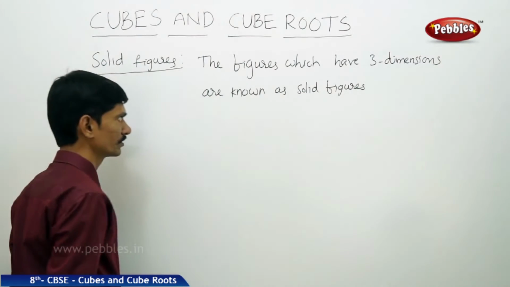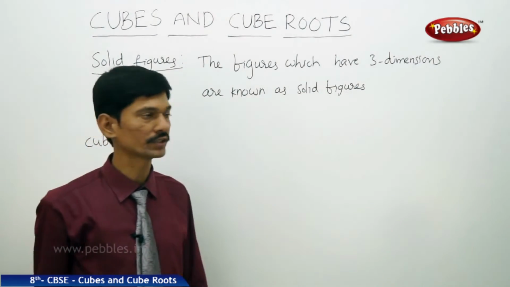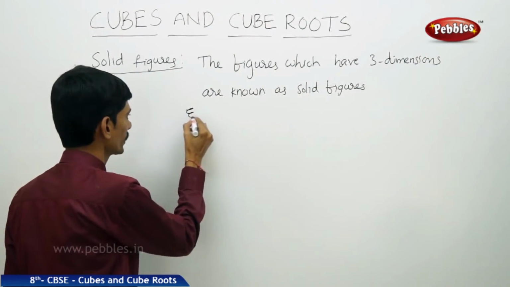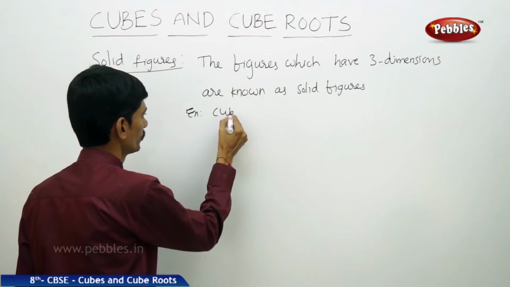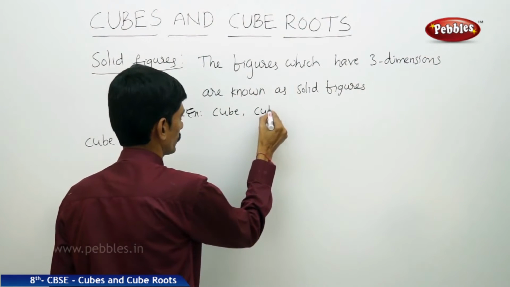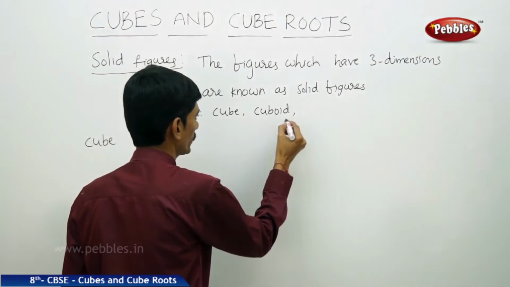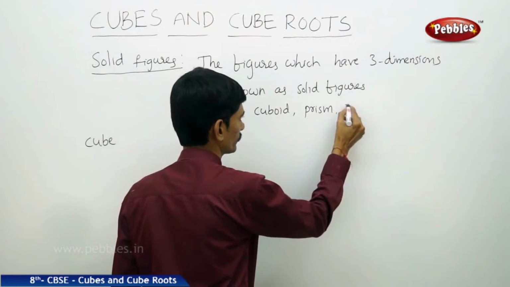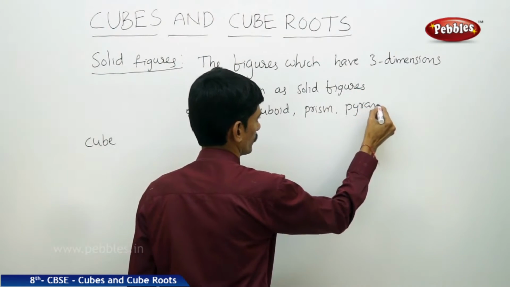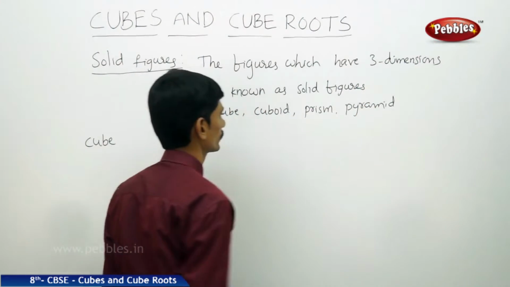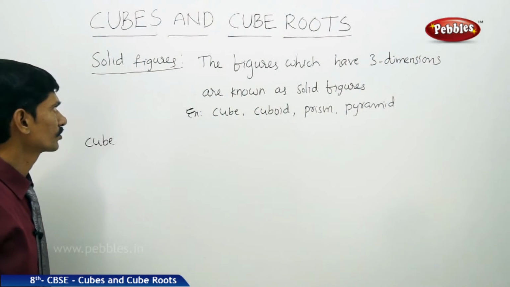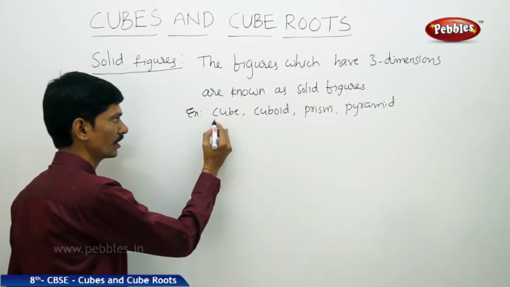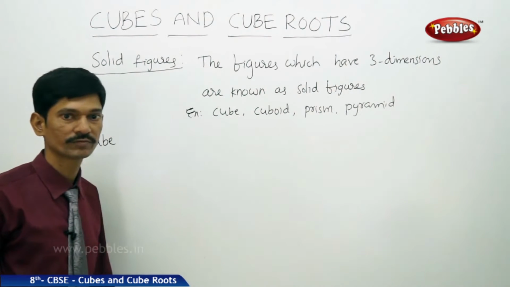Three dimensions means length, breadth and height. Examples of solid figures: cube, cuboid, prism, pyramid and so on. These are all solid figures because these figures have three dimensions, like length, breadth and height.